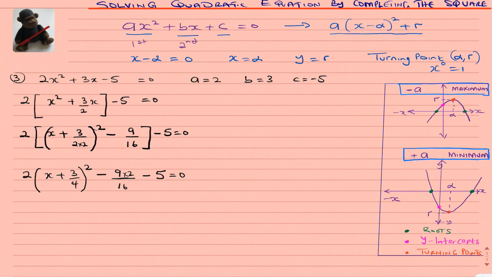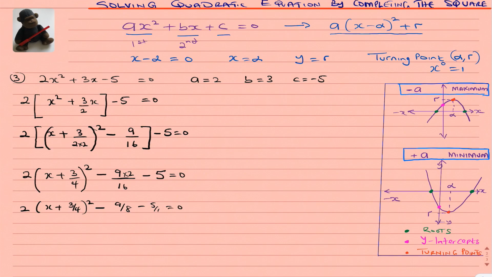The 2 at the top will cancel 16 at the bottom, so I get 8 at the bottom. So I get 2 open bracket x plus 3 over 4 squared minus 9 over 8 minus 5 over 1 equal to 0.